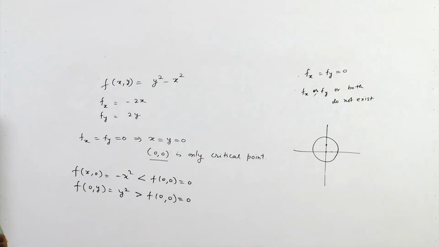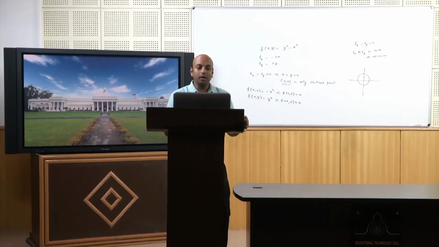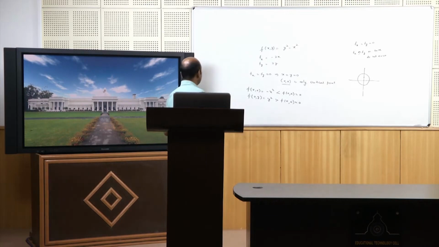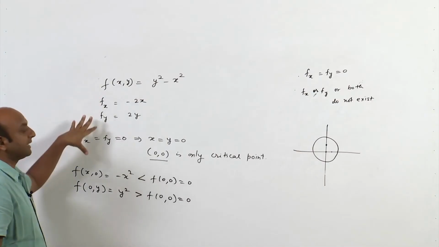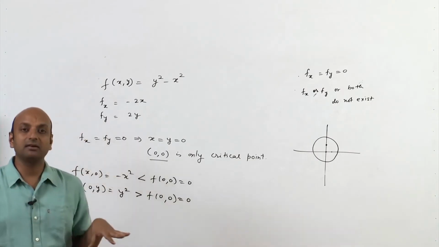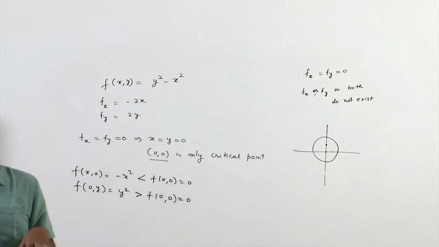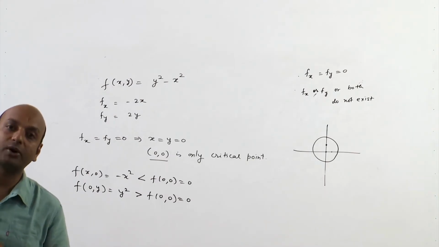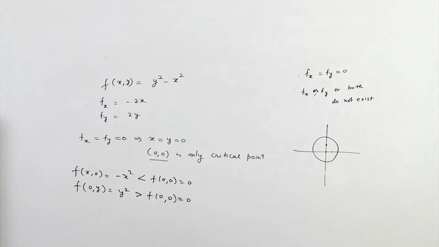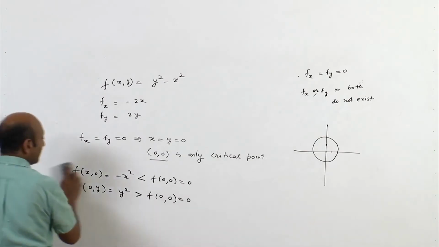Now, after finding fx and fy and the critical points, how can we check whether a point is a point of local maxima, local minima or saddle point? So, what is the second derivative test for two variable functions?